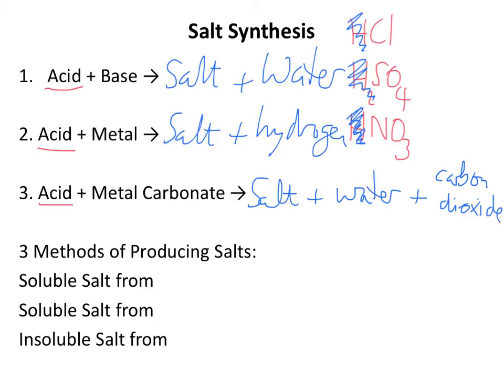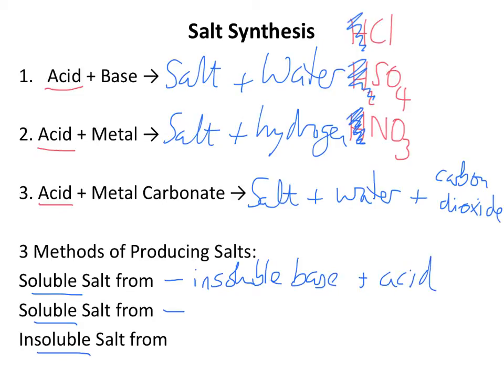In this video, which is probably going to be split into two parts, we are going to look at producing soluble salts and insoluble salts. For the soluble salts, we're going to use two different preparations: producing a soluble salt from an insoluble base and an acid reaction, and producing it from a soluble base and an acid.